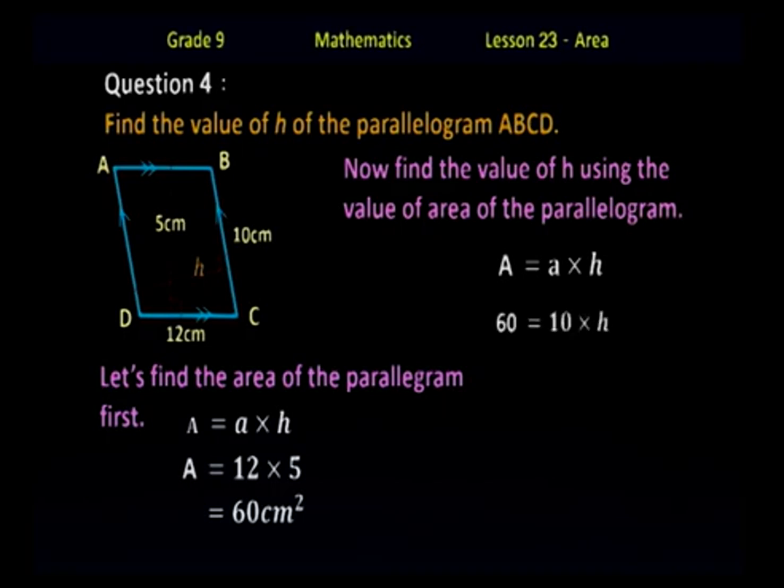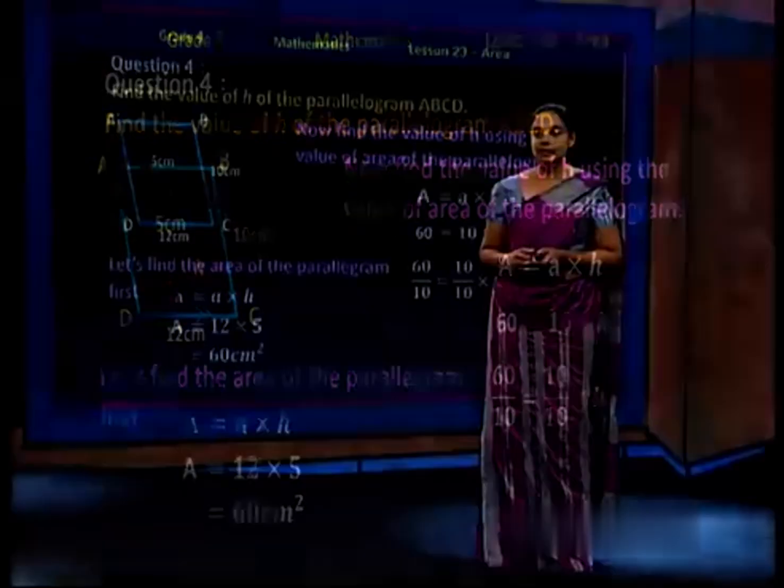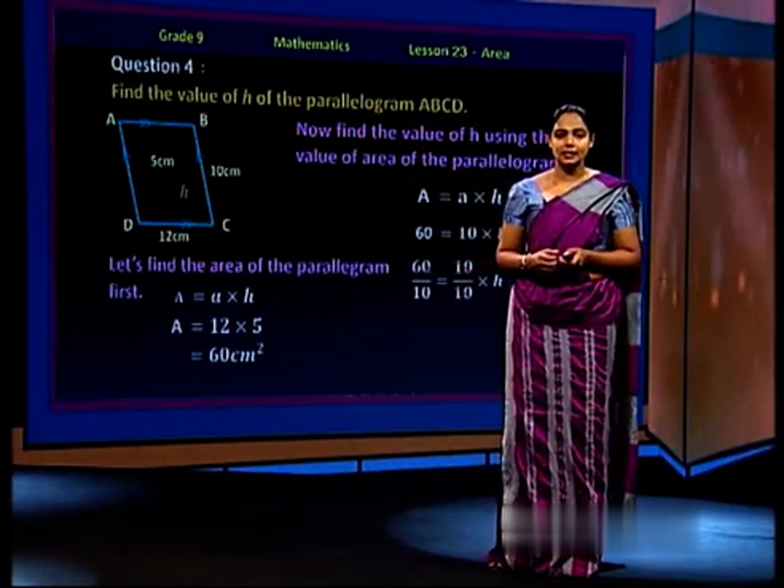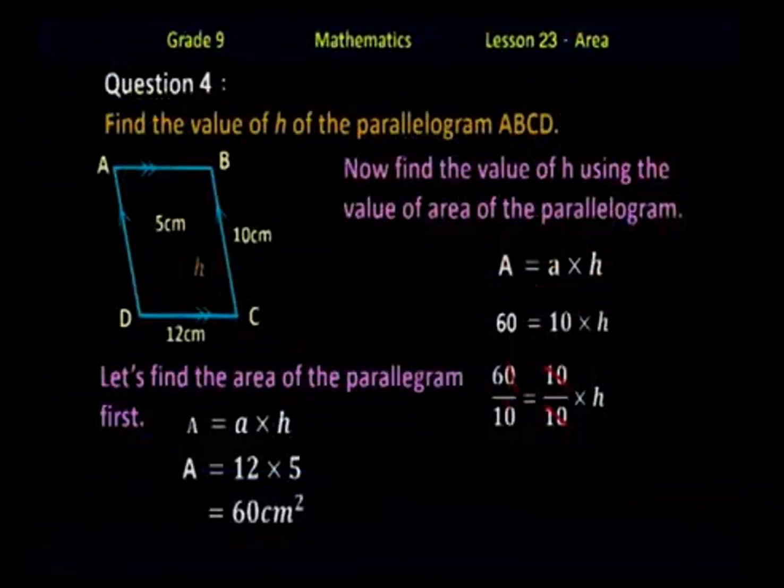Then area is 60. Base is 10 and find h. Both sides are divided by 10. Then you can simplify. Then 60 divided by 10. Answer is 6 centimeters. The perpendicular height, simple h, is 6 centimeter.